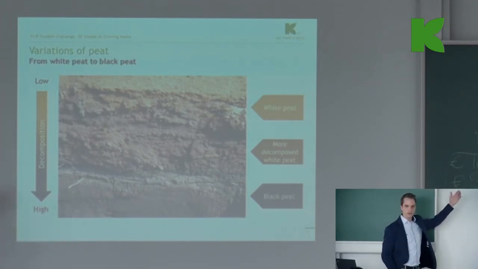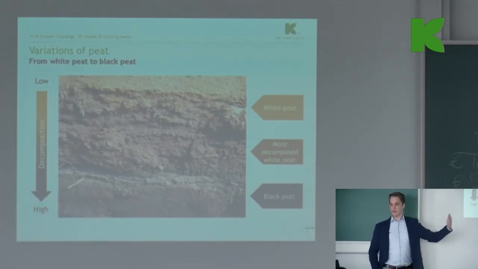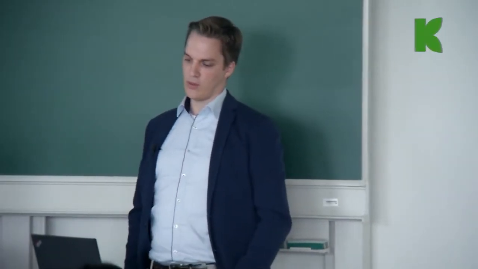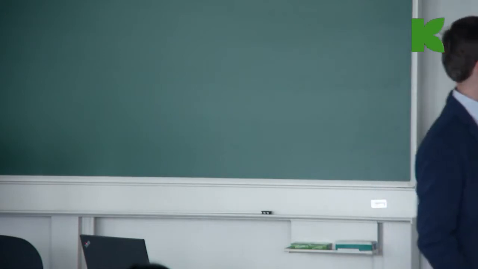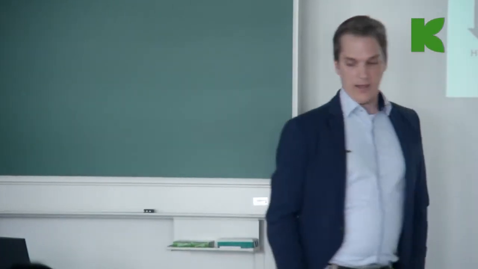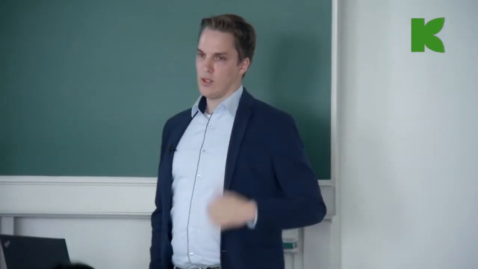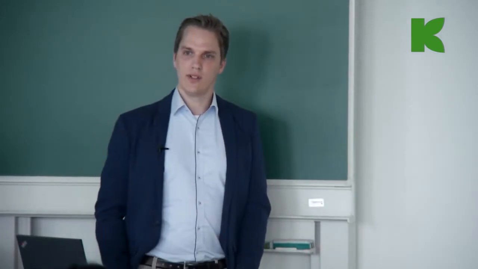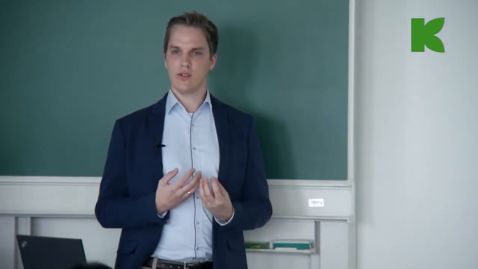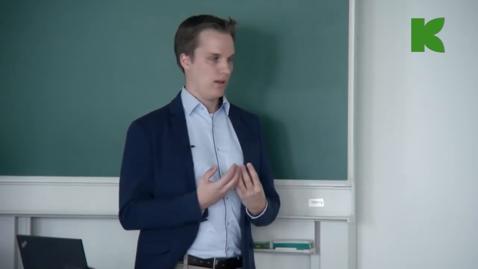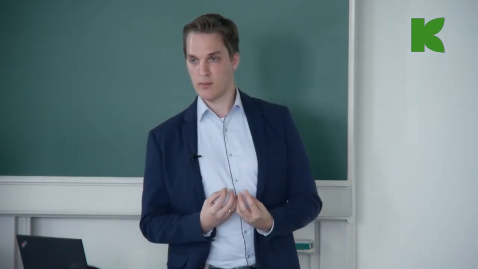Well, it's not white, of course. It's light brown, but for differentiation purposes, we call it white peat. In the middle, there are also layers. We call that more decomposed white peat. And here you can already see that there is a wide variety of peat qualities which we can play around with to achieve certain benefits or certain properties of growing media.